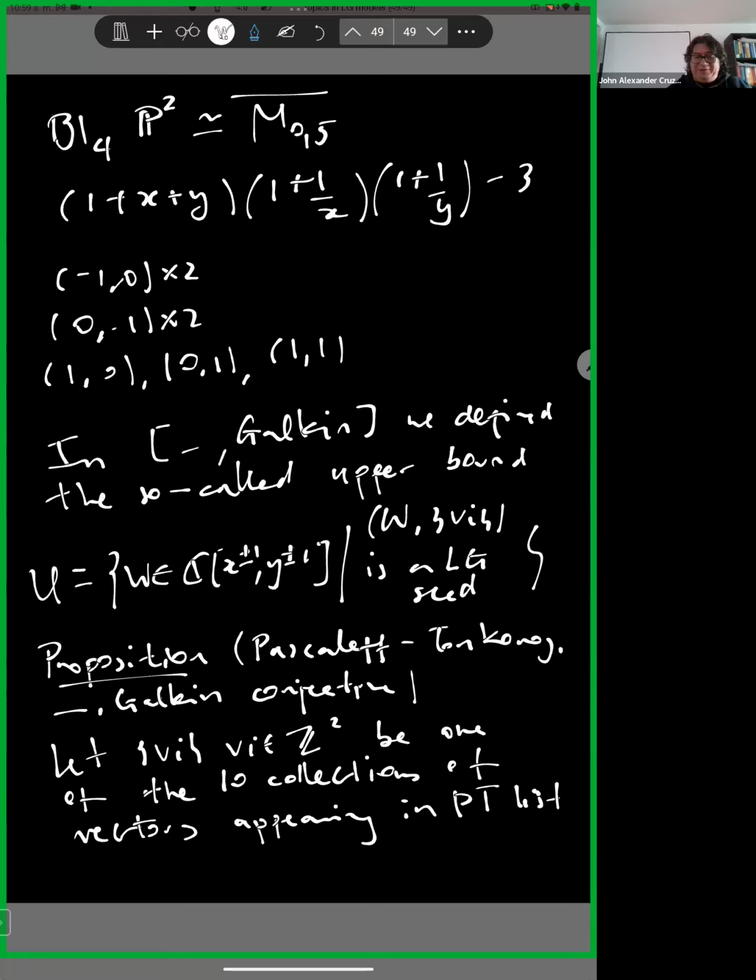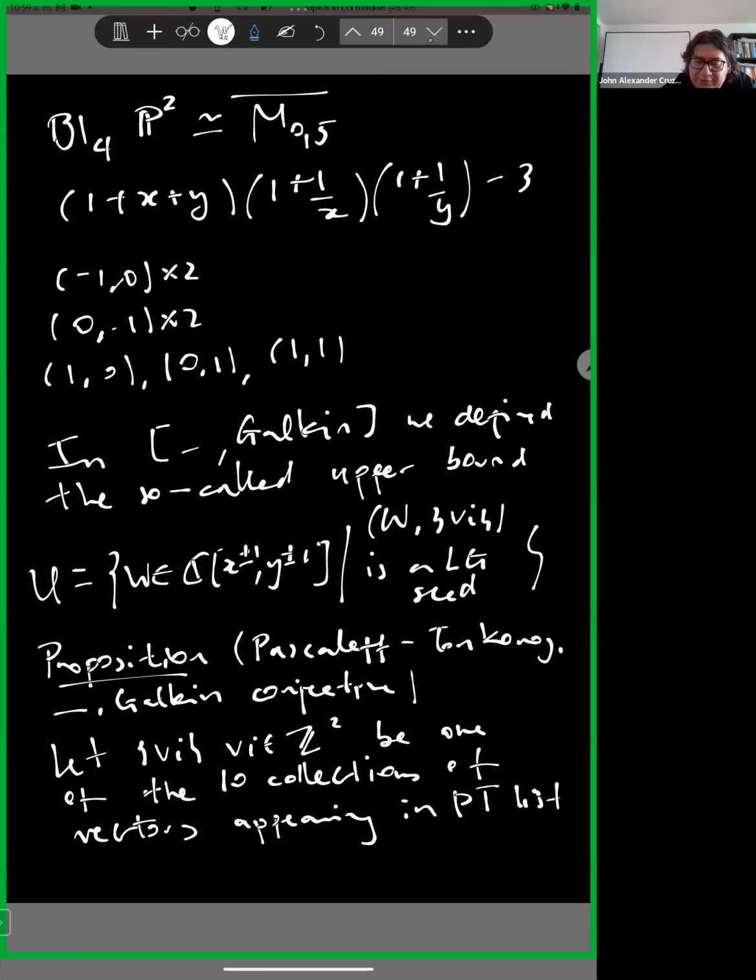So we have 10 del Pezzo surfaces. For any del Pezzo surface, there is this list with the Landau-Ginzburg, the Laurent polynomial mirror, and also the vectors in the directions, right? We actually call these the exchange collections. So take one of these collections, any of these collections is related with the mirror of one of the del Pezzo surfaces, okay?